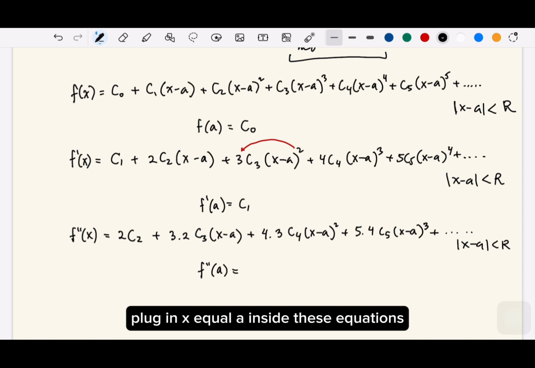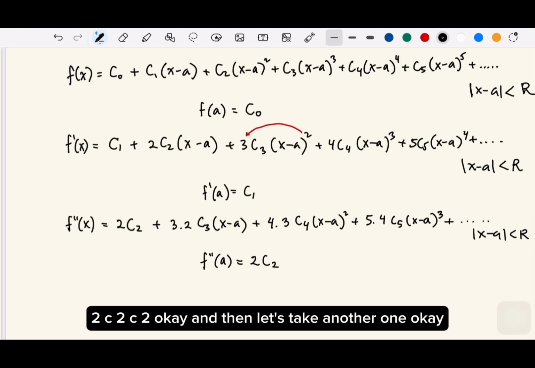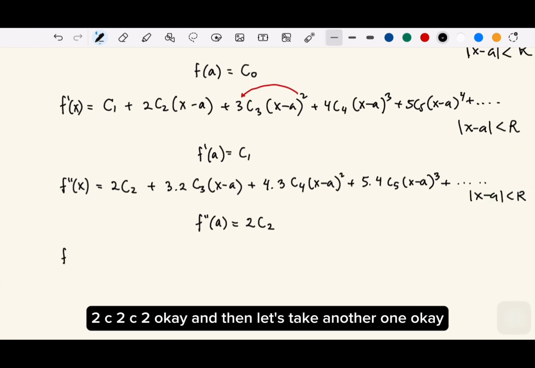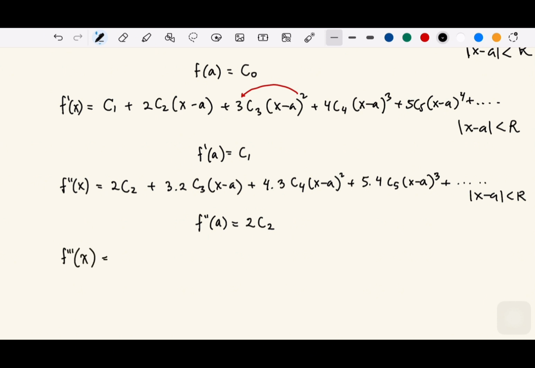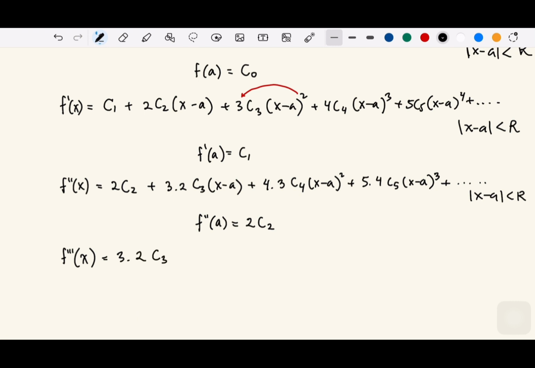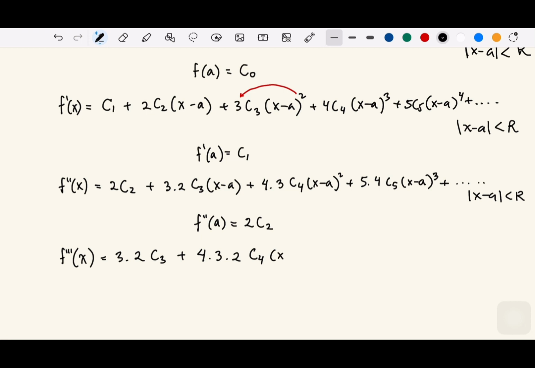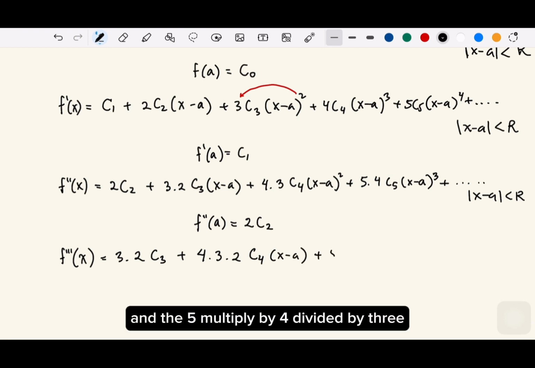We could also plug in x equal a inside these equations, which gives you 2c2. Okay, and then let's take another one, so this will be 3 multiplied by 2, c3, and then plus, now it becomes 4 multiplied by 3 multiplied by 2, and then 5 multiplied by 4 multiplied by 3.